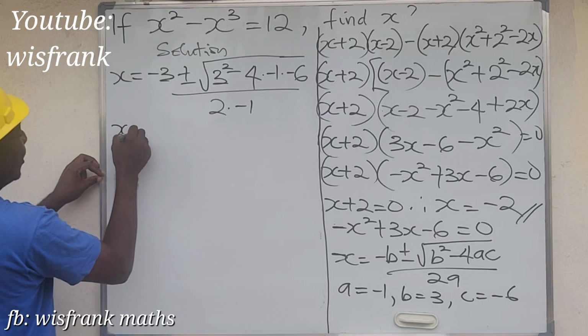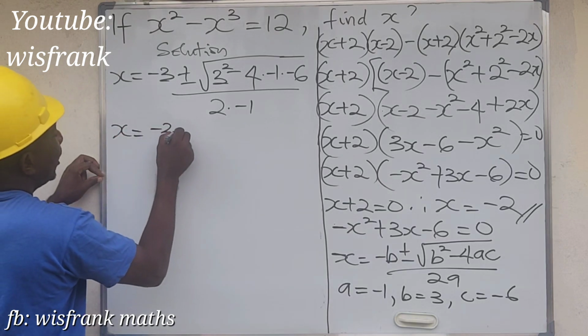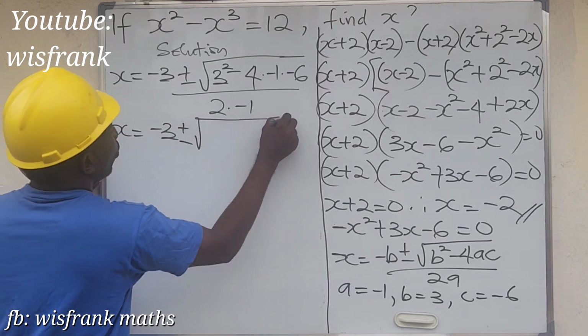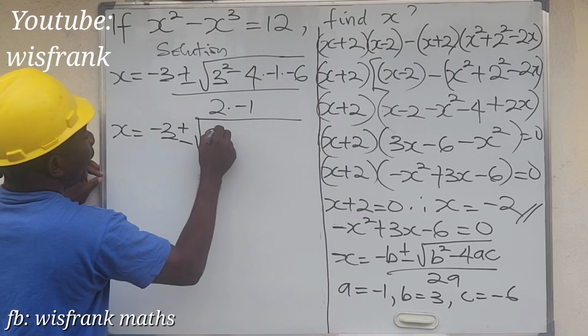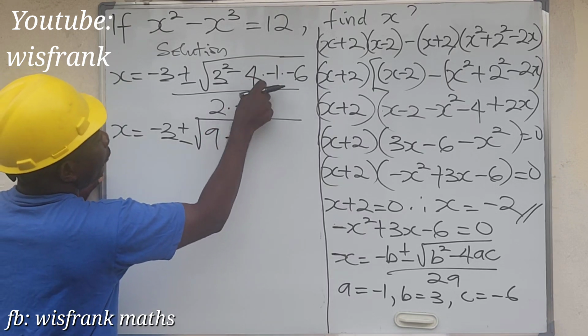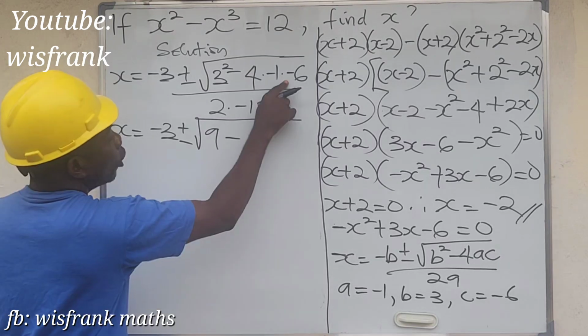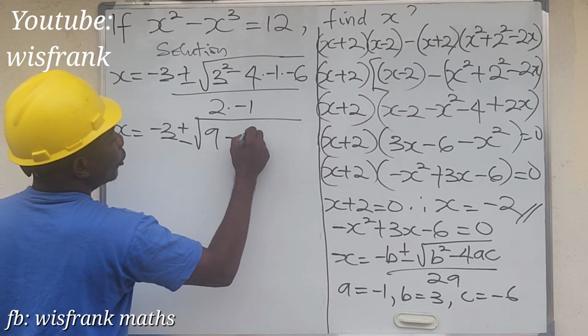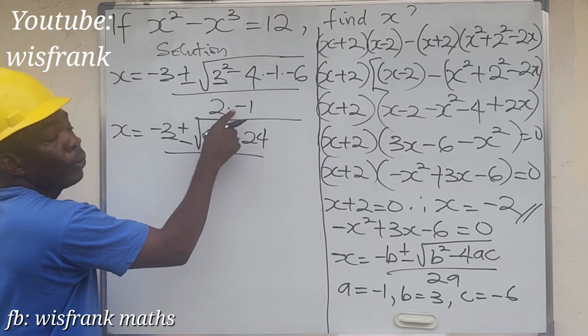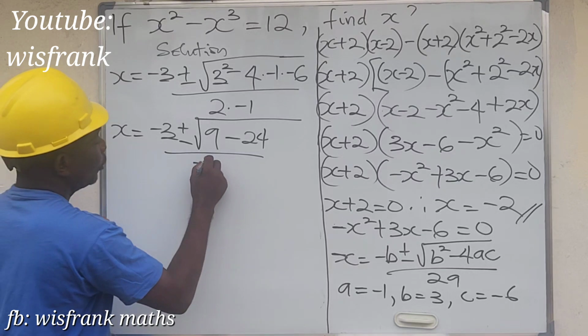So this will become x equals to minus 3 plus or minus square root of 3 to the power of 2 is 9 minus. So we have 4 times minus 1 times minus 6 is going to be plus 24. So here will be minus 24 all over 2 times minus 1 is minus 2.